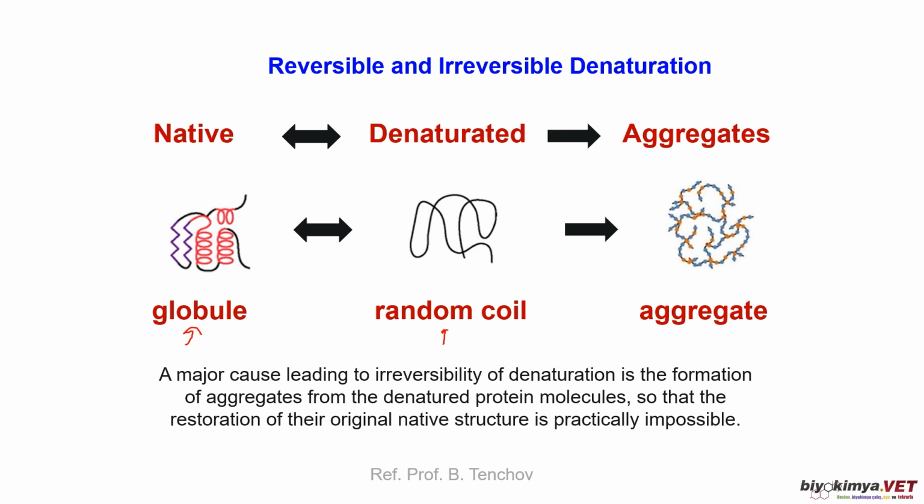Otherwise, aggregates occur, and the major cause leading to irreversibility of denaturation is the formation of aggregates from the denaturated protein molecule, so that the restoration of the original native structure is practically impossible. Protein denaturation is often irreversible.